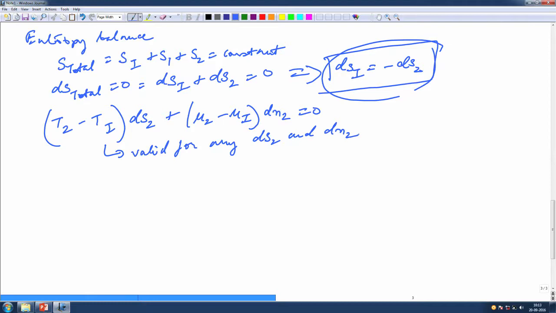Got it? Since this is valid for any dS2 and dN2, these two terms must individually be equal to 0. So, this leads to the statement that T2 must be equal to Ti, and similarly mu 2 must be equal to mu i.